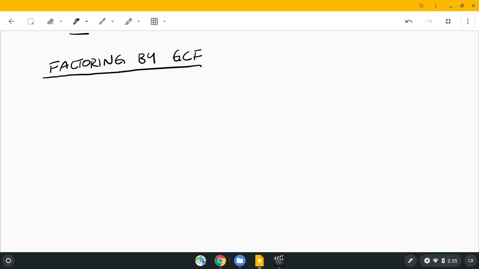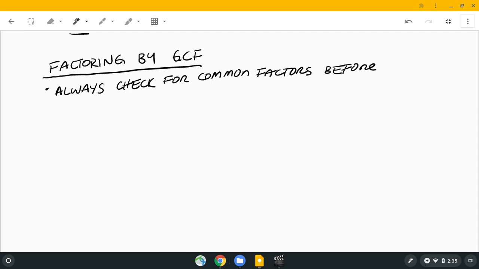All right, so always check for common factors before using other factoring techniques.